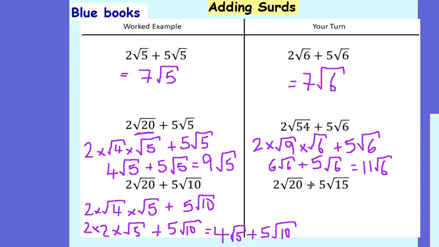And for my last example, I can simplify 2 square root 20. I can write that as 2 times the square root of 4 times the square root of 5 plus 5 square root 15.